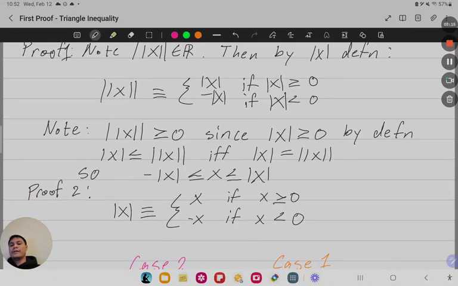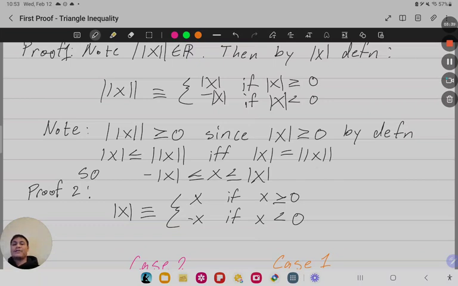And we also know that the absolute value of the absolute value of x is going to be greater than or equal to 0, because by the definition, the absolute value of x is also going to be greater than or equal to 0. So then the absolute value of x is going to be less than or equal to the absolute value of the absolute value of x, if and only if the absolute value of x is equal to the absolute value of the absolute value of x.